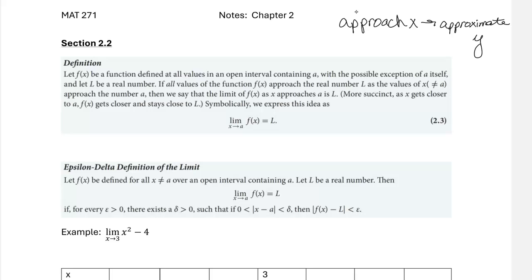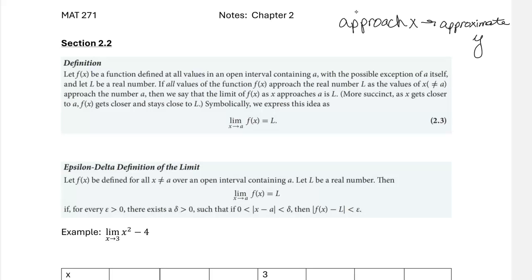And that's really what a limit is doing. It's approaching a specific x value, and then we want to approximate what's going on with y, which makes this really interesting because the function does not even have to be defined at that x value in order to have a limit because we're approximating y. We don't really care what that exact value is.